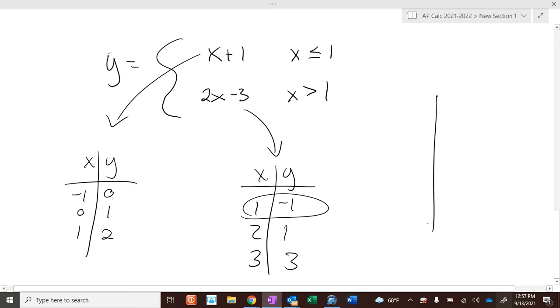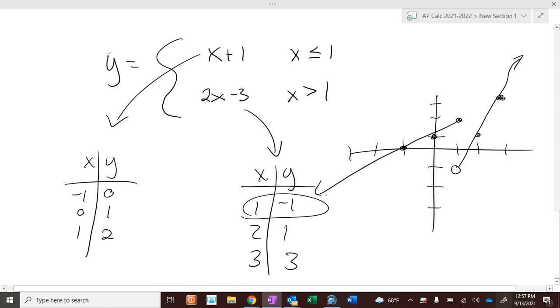So as a graph, and not that you have to graph these out, but just so you have an idea what you're looking at, this function looks like this and like this.